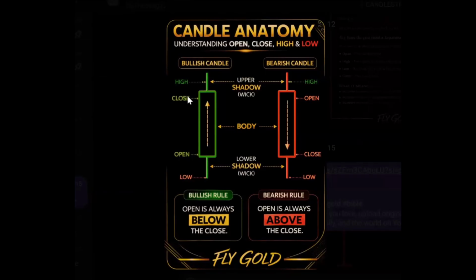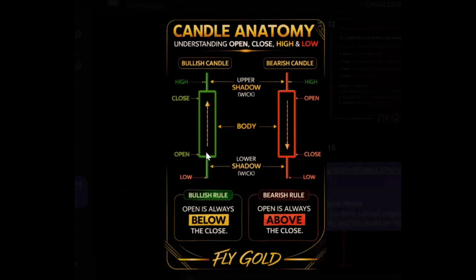So we got a bullish candle. We got the open. Bullish candles are buy candles. They start at the bottom of the candle. So they open, they go up, and then they close. The way that this works, how they create wicks, a candle opens, it goes down. It was a red candle.